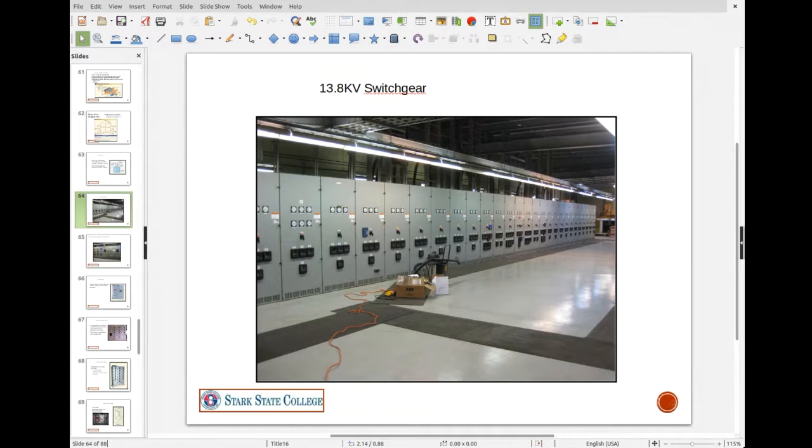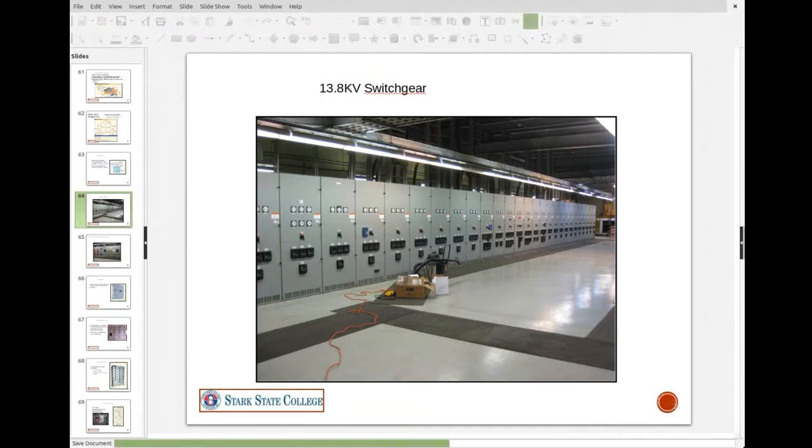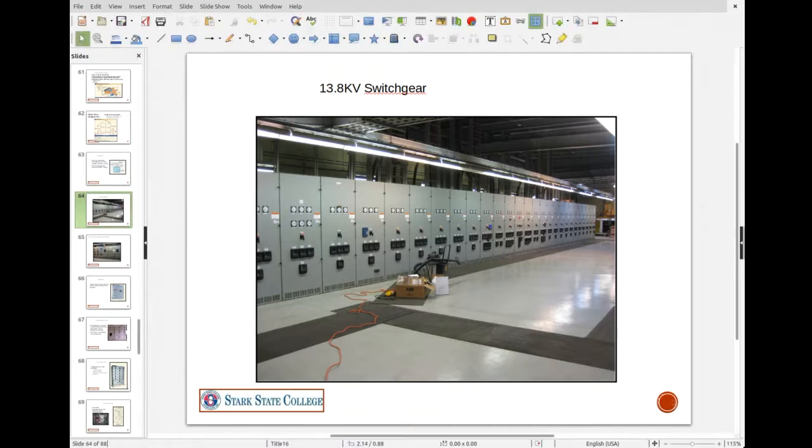It's showing you that, obviously, you don't want to be walking around anywhere near 13, almost 14,000 volts. And so switchgear is the equipment that's specifically designed so you can turn on and turn off these high voltage circuits. Okay.